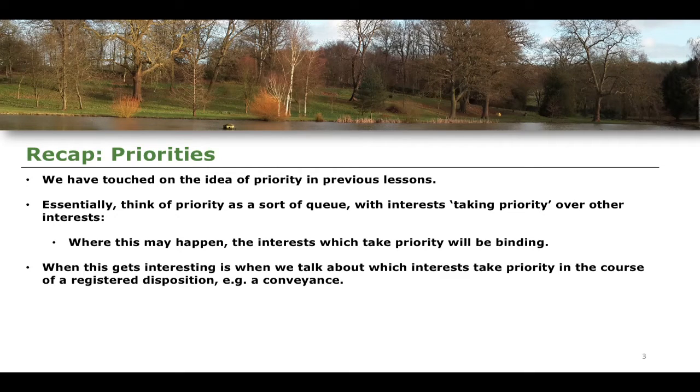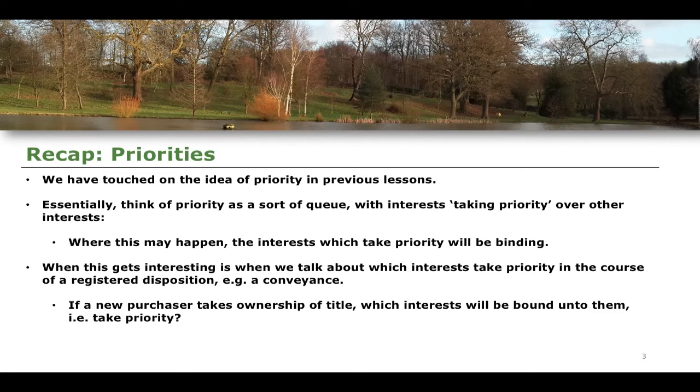Now, we'll get to how this works in a second, but it gets interesting when we talk about which interests take priority in the course of a registered disposition, in the course of, for example, a conveyance, where a new purchaser comes and transfers title over. If a new purchaser takes ownership of title, which of the interests will they be bound to?